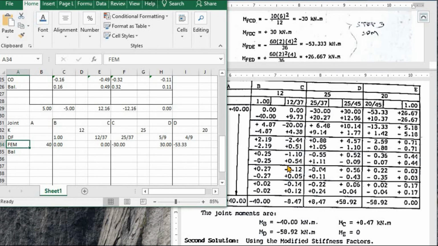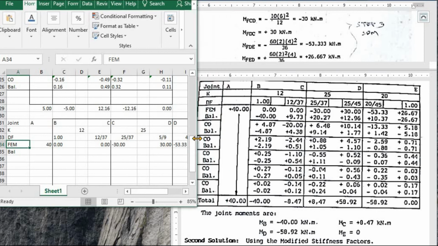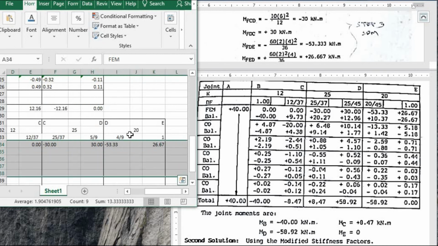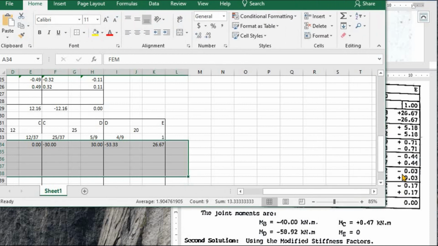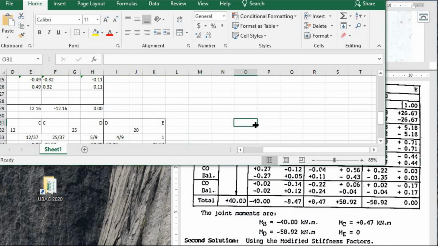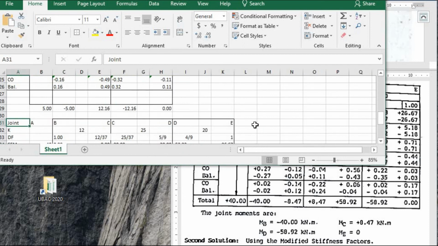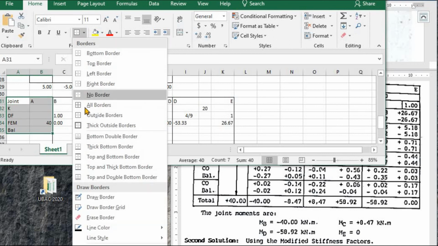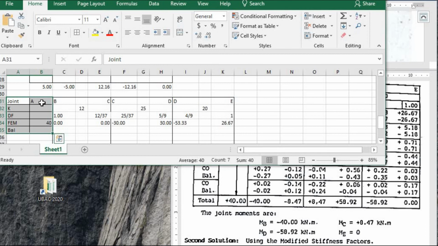Dito na tayo ngayon sa balance. Okay? So, pwede ko tong i-shade na yan. Expand na natin yan. We don't need this anymore. We will be needing that later. Yan.